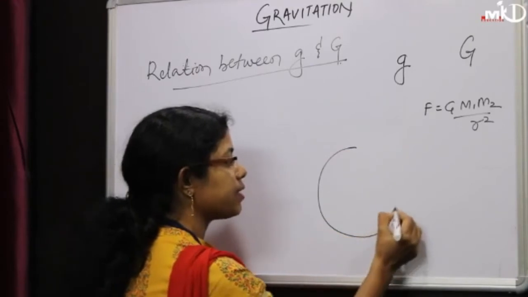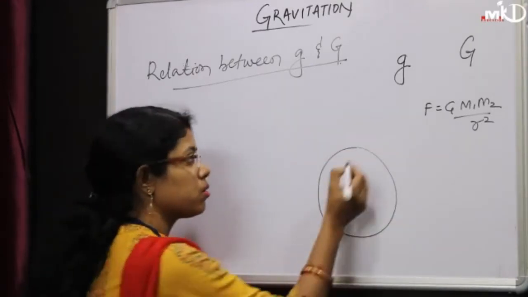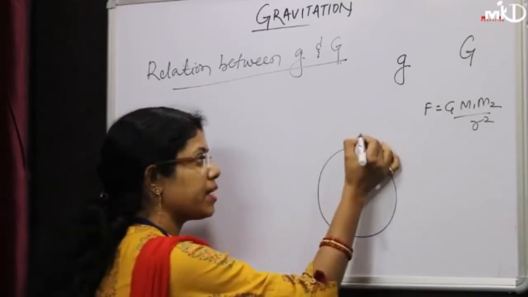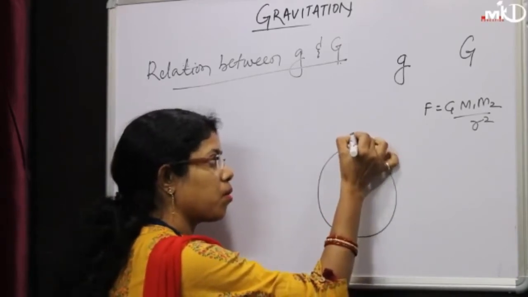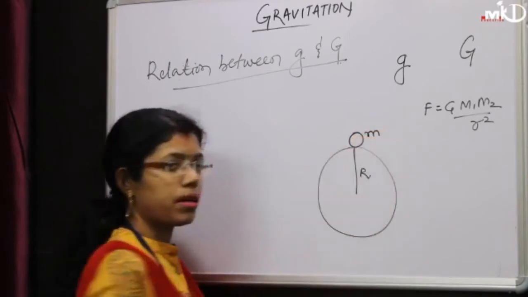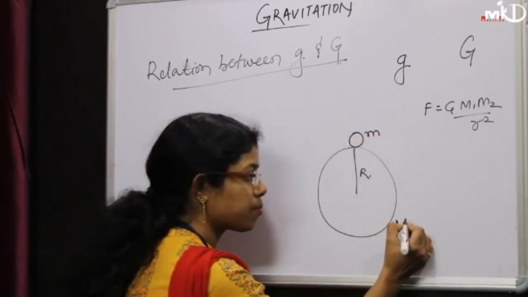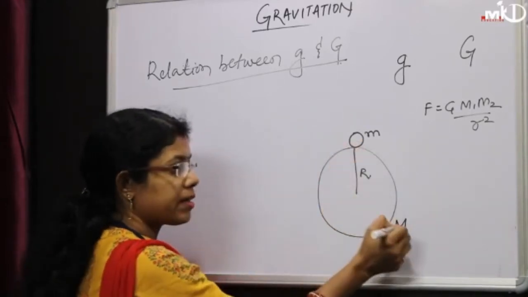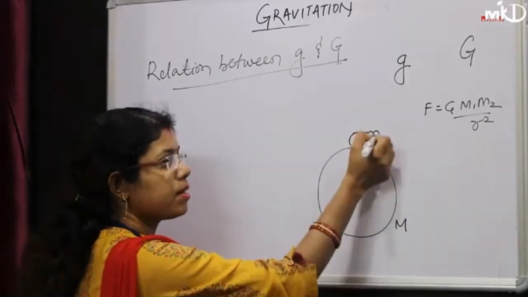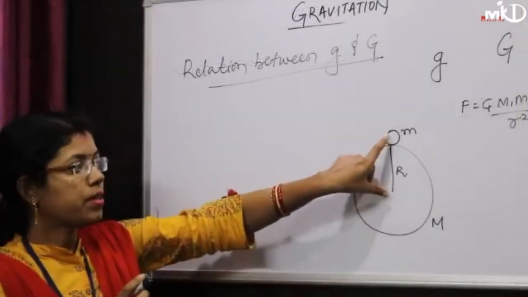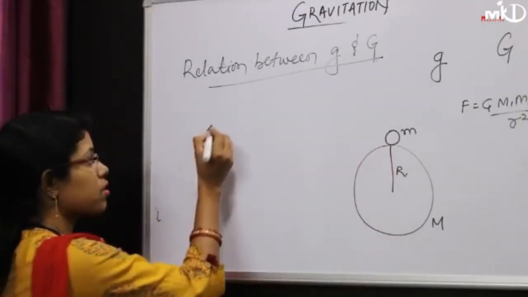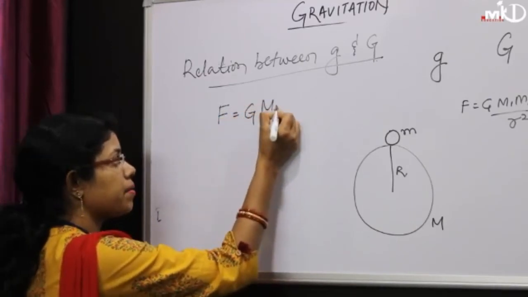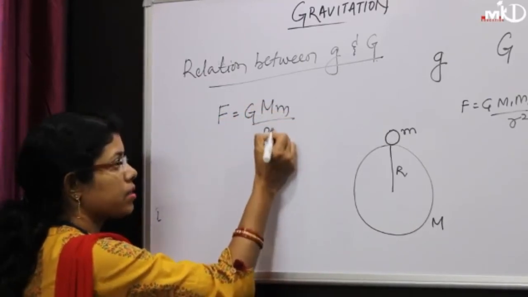Let us consider Earth, whose radius is r, and we have placed a body of mass small m, and let the mass of Earth be capital M. So the force between the two bodies as per Newton's law of gravitation is F equals G M m upon r square.